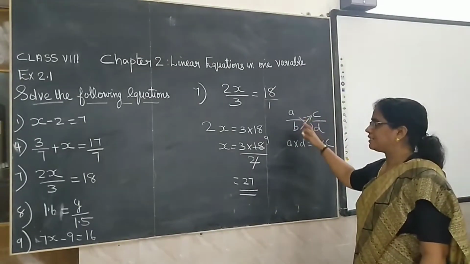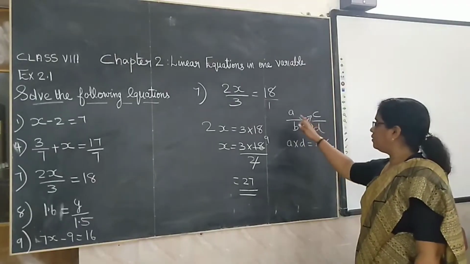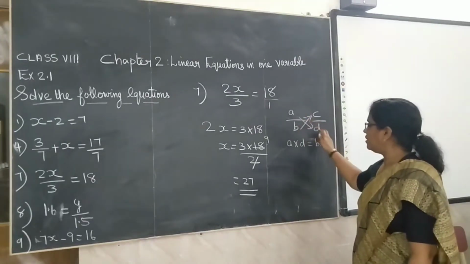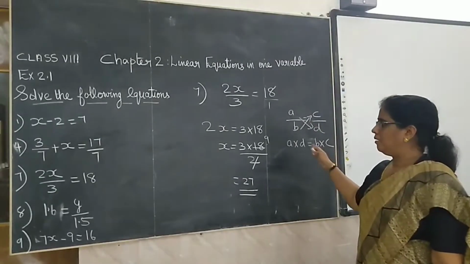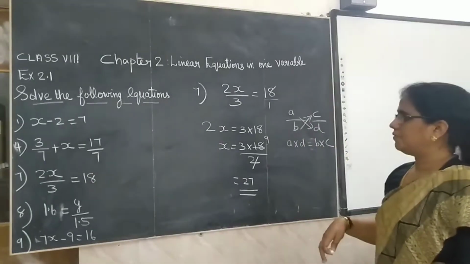That is, if two fractions are equal, we can do the cross multiplication, a into d equal to b into c. By applying this, we got the value of x.